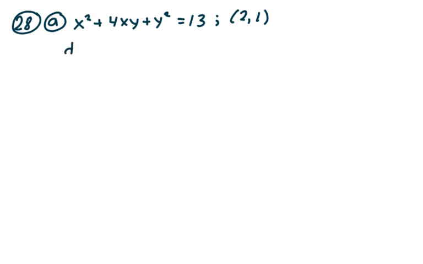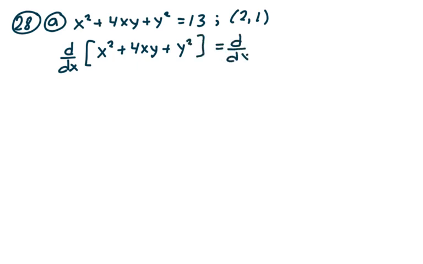So what we're going to do is differentiate both sides with respect to x. So we're going to take the derivative of x squared plus 4xy plus y squared with respect to x, and we're going to set it equal to the derivative of 13 with respect to x.